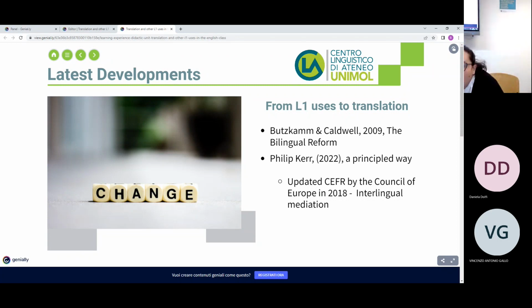Okay. The very same grid that we use should include some specific parameters for interlingual mediation and the capacity, the ability, the skills, and the competence to mediate between languages. So this is really important.